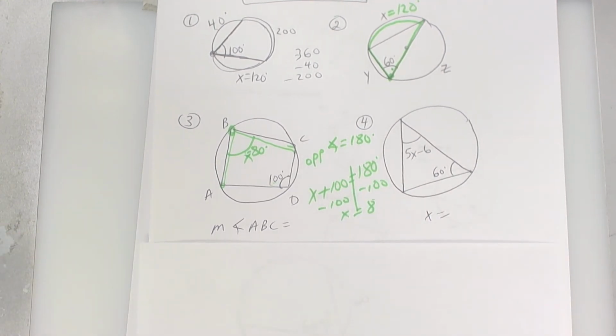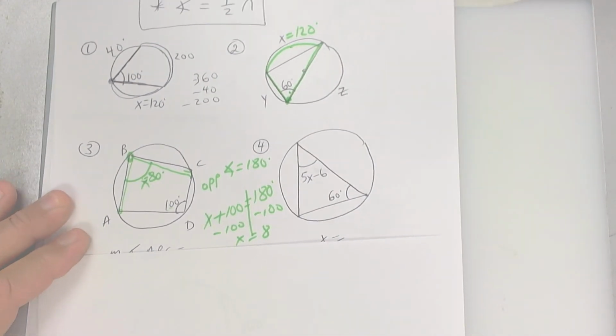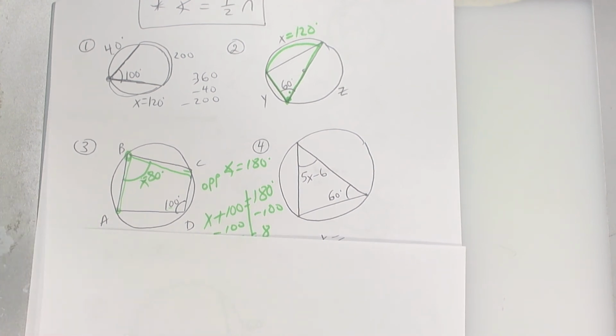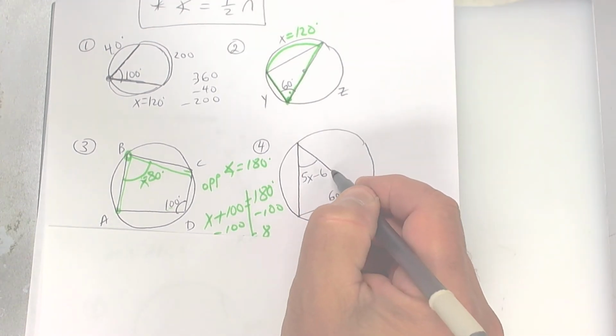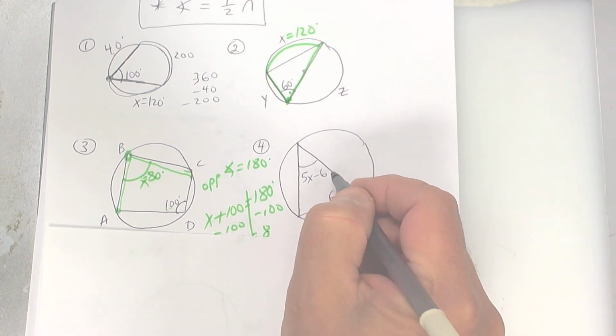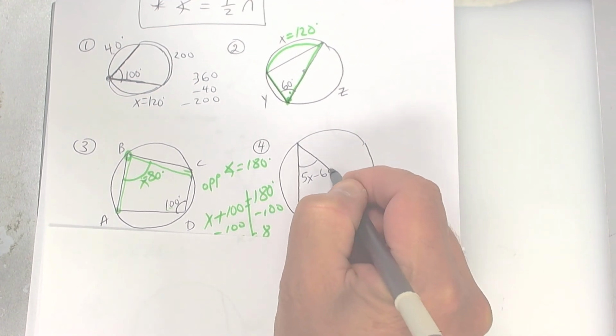Let's take a look at the next one now. Watch this carefully. They want you to find X. Now, on this one right here, draw that diagram, and let me think about this because I think I might be missing something here. Okay, this should have been a diameter. All right, so let's see. Put a dot here.